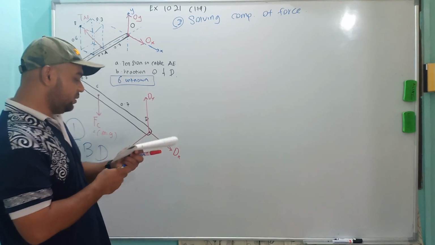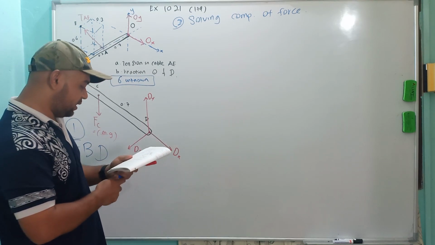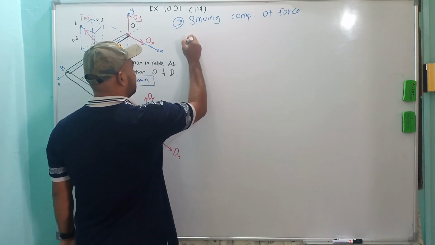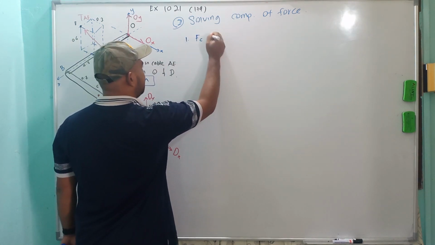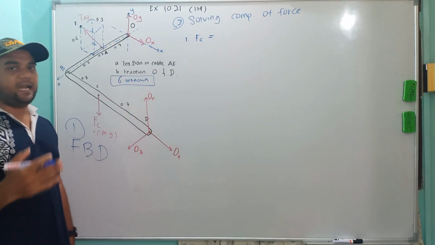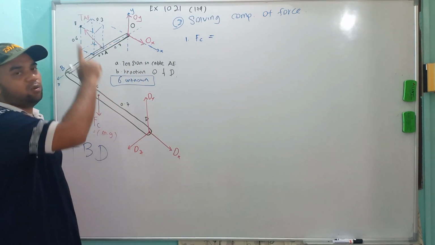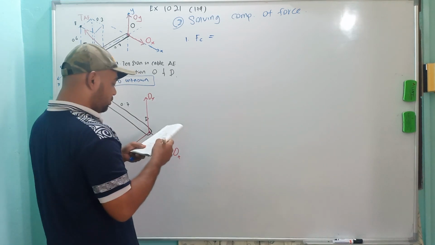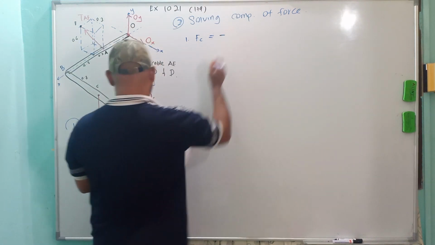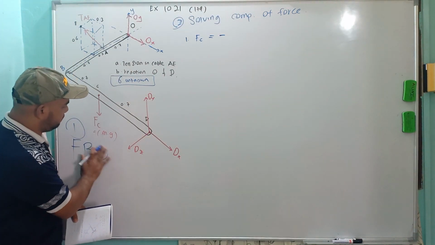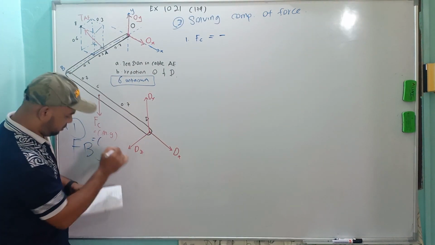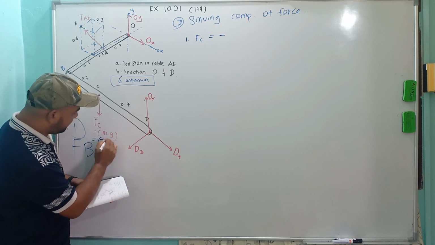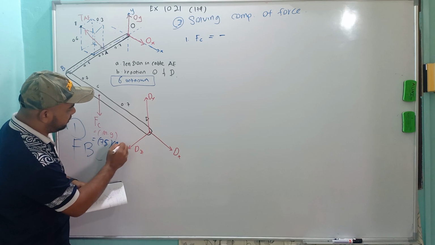So we go one by one. We have the first one, FC. Let's say this is the simplest one. So FC, you transform in terms of i, j, k. So X will be 0, Z will be 0, only in Y. So it is equal to negative, so you calculate this one, equal to the mass 75 times 9.81.